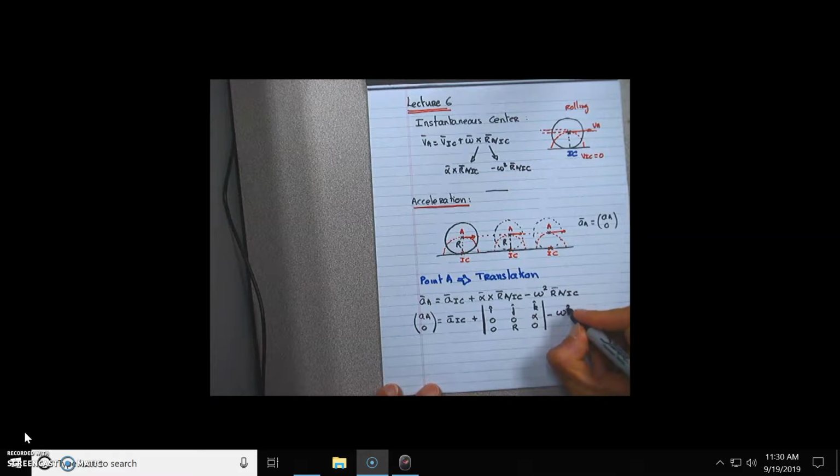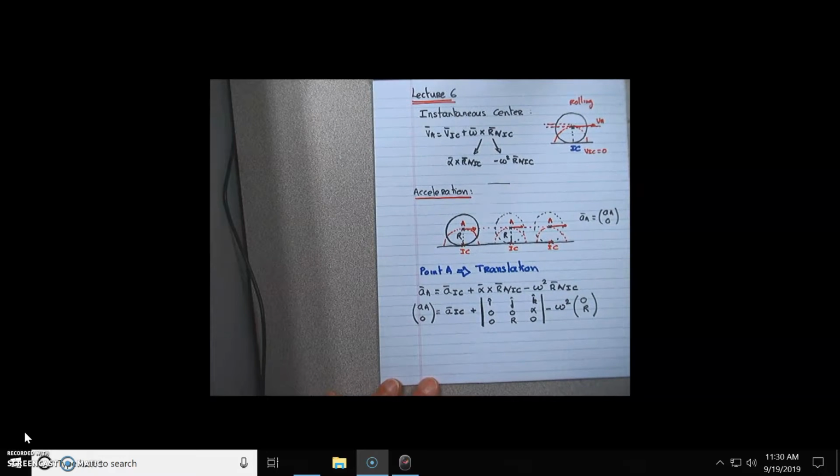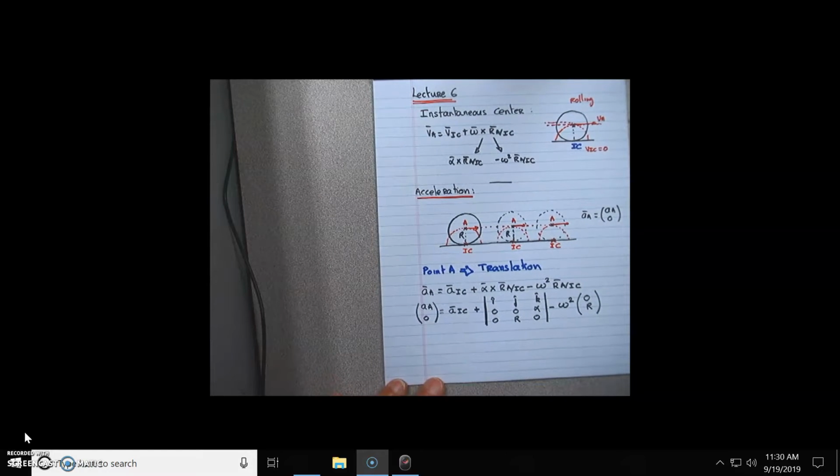Minus omega squared of what? 0, r, 0. So now what happens over here?